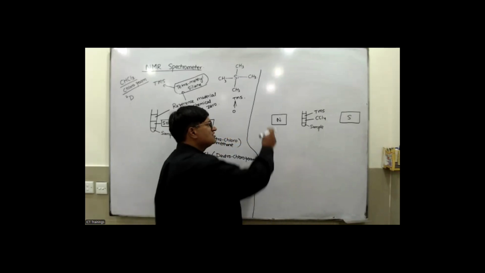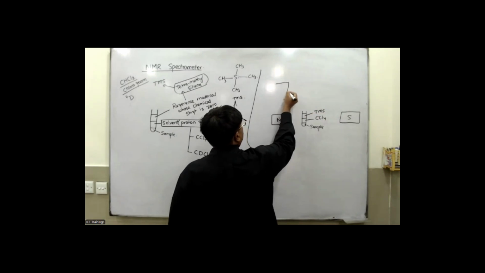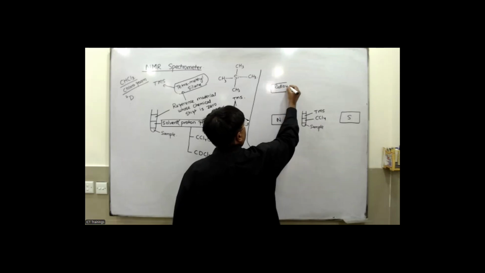Okay, so this is the magnetic field, north and south pole, and here we got a radio wave oscillator.